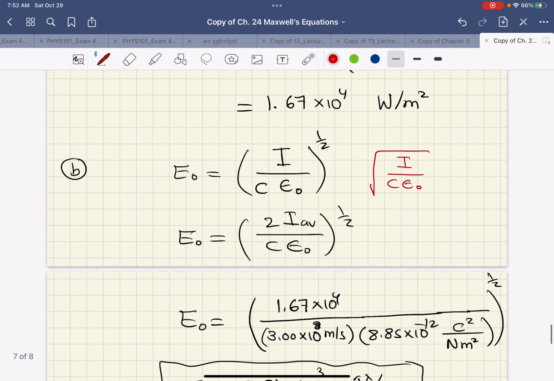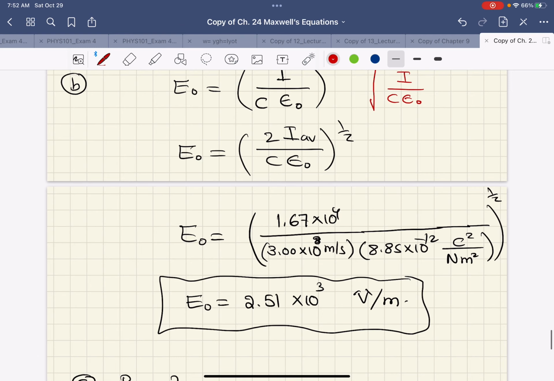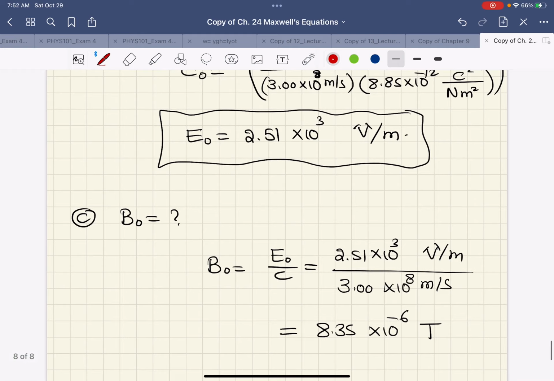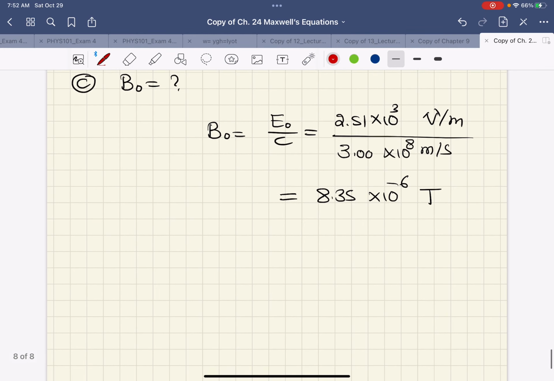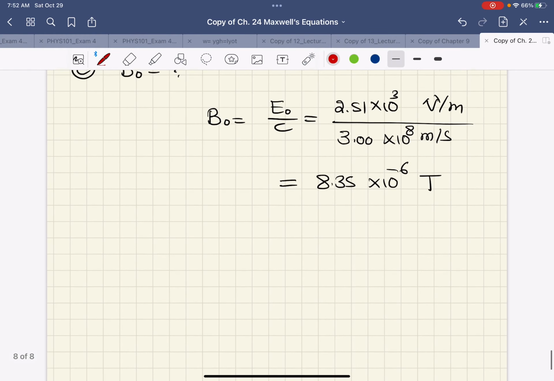Okay, and we can calculate E0 as 2.51 times 10 to the 3. And finally, B0 can be calculated as E0 over C, and it is 8.35 times 10 to the negative 6.